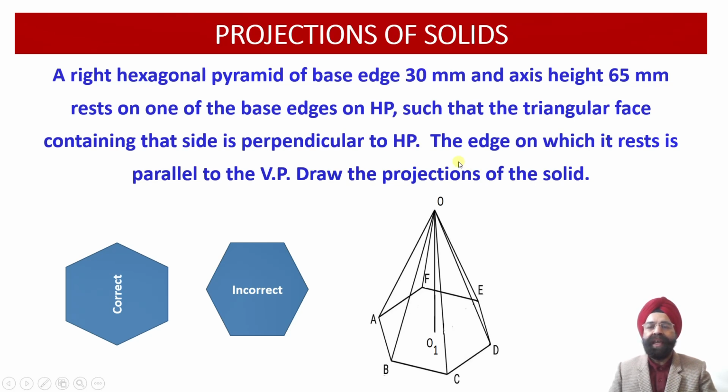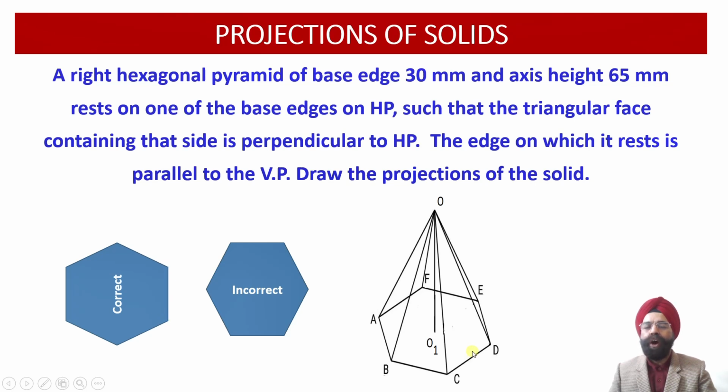Then in the second iteration, we have been provided with the information that the edge onto which it is resting on the ground is further rotated in such a way that it becomes parallel to the vertical plane. So please check, to begin with, this edge happened to be perpendicular to the vertical plane.